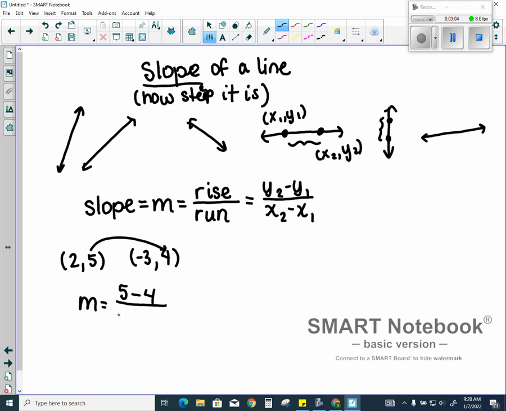I'm allowed to do that as long as on the bottom, I start with the 2, and I subtract the negative 3. When I do the arithmetic, 5 minus 4 is 1. 2 minus a negative 3 is a positive 5. And so I would say the slope of that line is 1/5.